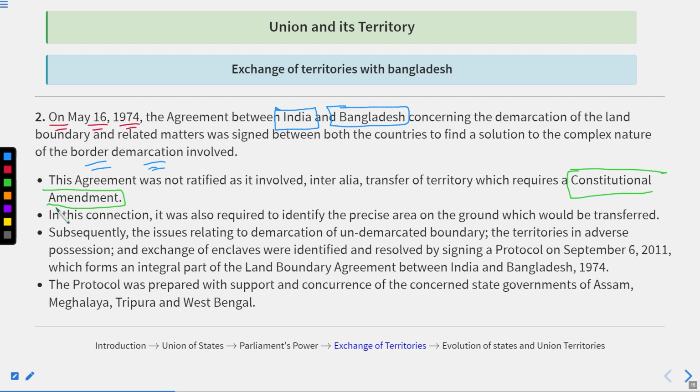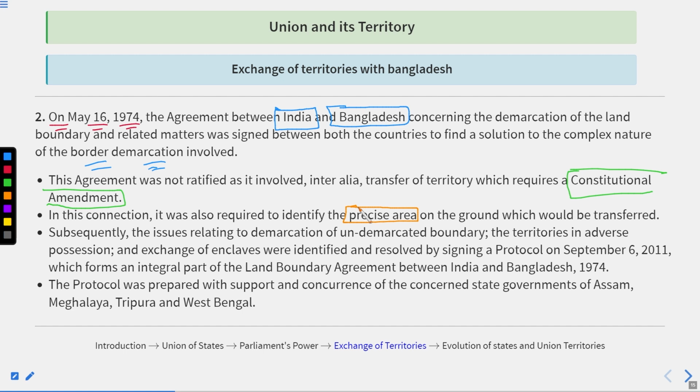So it was the responsibility of the government to identify the precise area on the ground which would be transferred to Bangladesh.